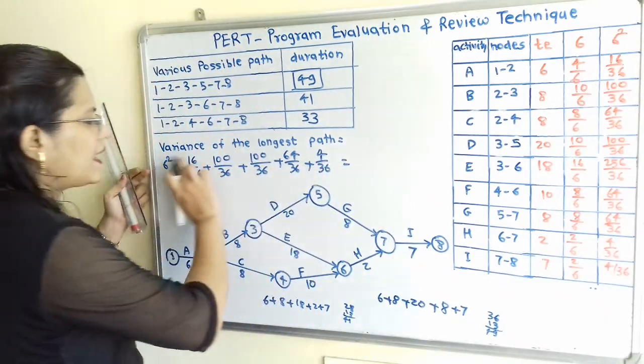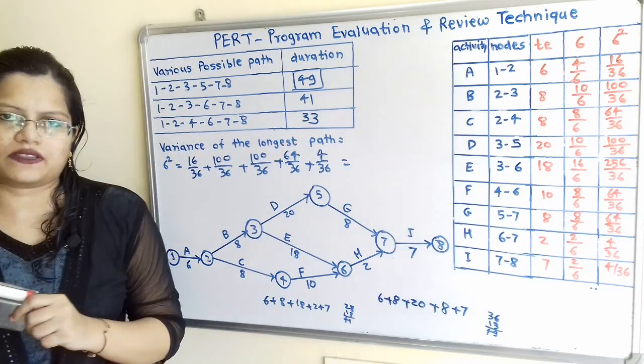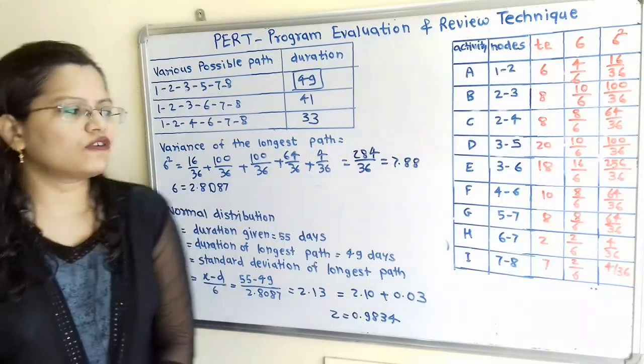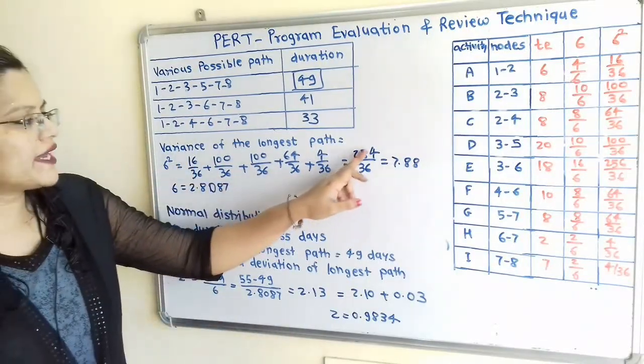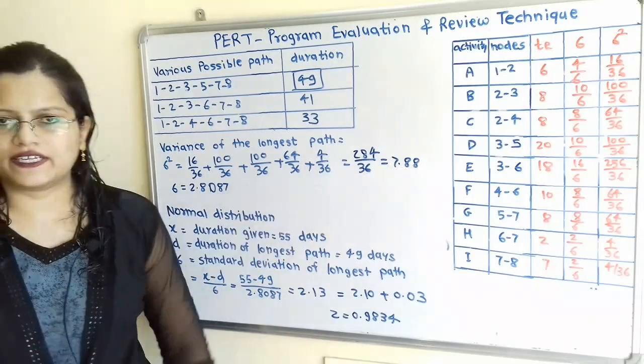So we have to add these to calculate the variance of the longest path. When we calculate, variance is 284 by 36, which is equal to 7.88.